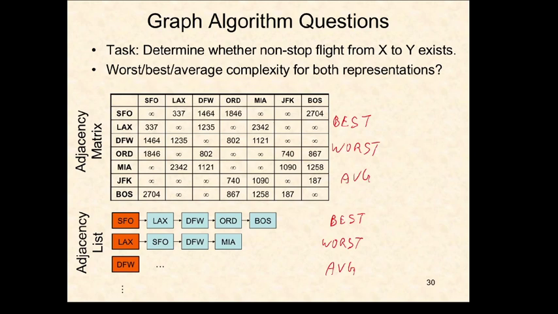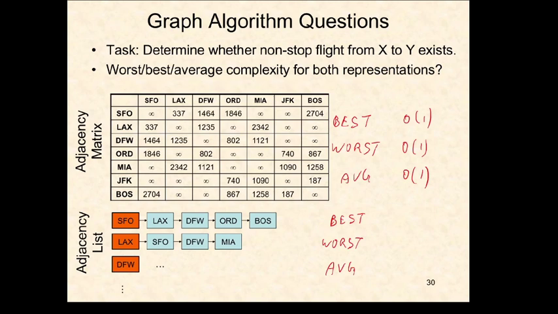I go to the DFW row, I go to the MIA column, I see a value there, that's O of 1. Whether it existed or not, it's O of 1 for all of them. So for the adjacency matrix, it's always O of 1. This is an easy question to answer.